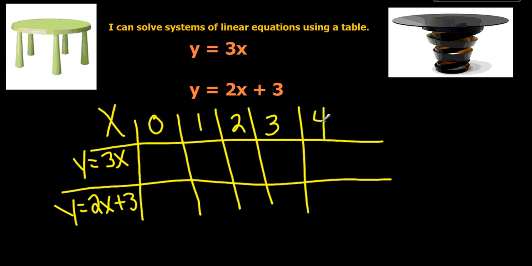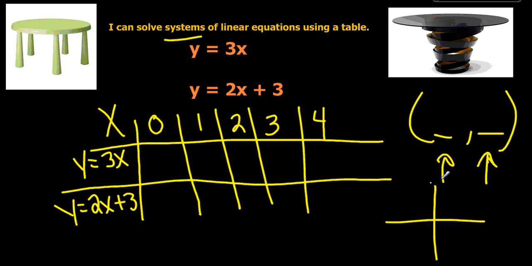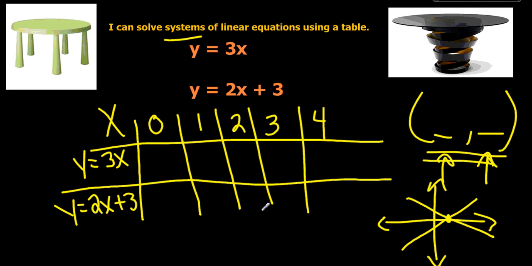Those are my x values in my ordered pair, x comma y. And if I'm going to find a solution to my system, I need my x and my y to match, because remember, the solution in a system is where my two lines intersect, that one ordered pair. So that's what I'm looking for on my table: where does the ordered pair match.